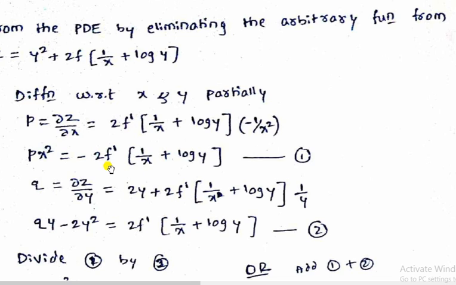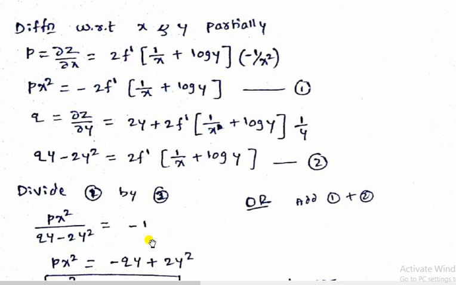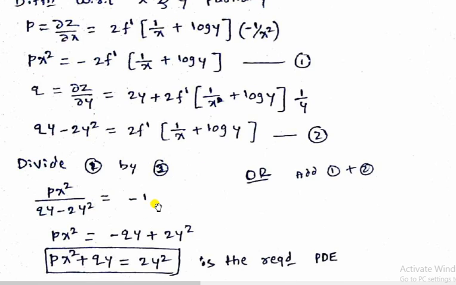Both equation 1 and 2 contain f dash here. So by dividing equation number 1 by 2, we eliminate f, or otherwise add 1 and 2 and eliminate the f function here. So now we'll divide 1 by 2.